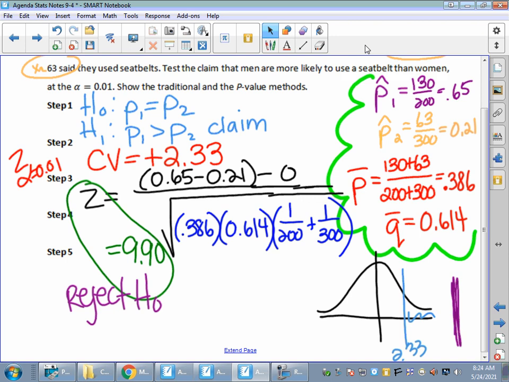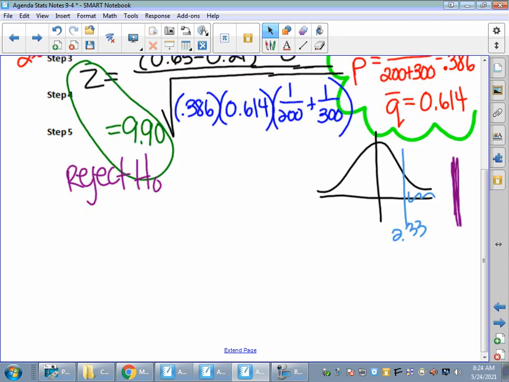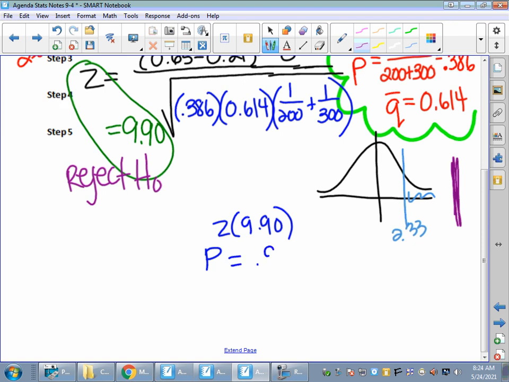The hardest part about this is all the side work and keeping everything straight. We'll go through examples. By the way, if we were going to do a p-value test and we went to the z table, so z of 9.90, that's greater than 3.49, I believe it was, which means that we use 0.9999.